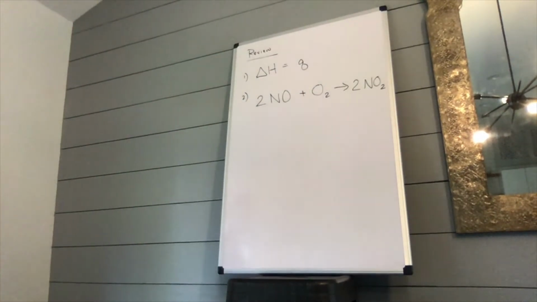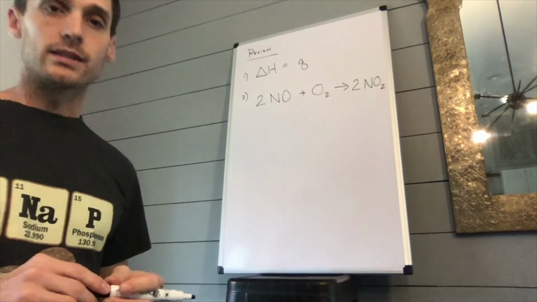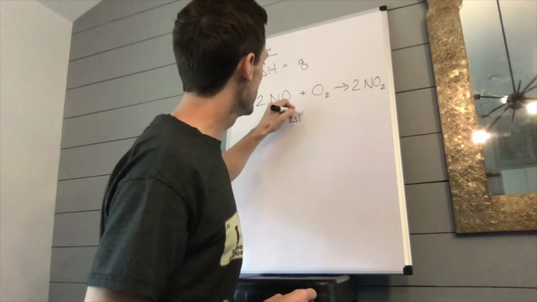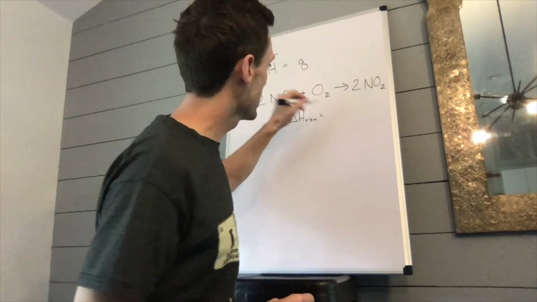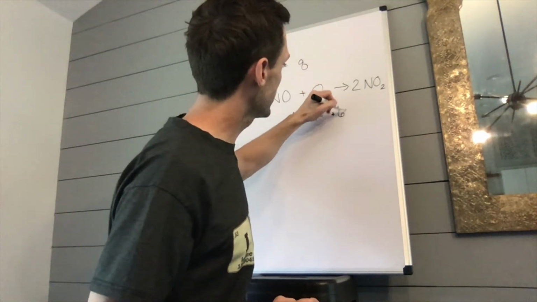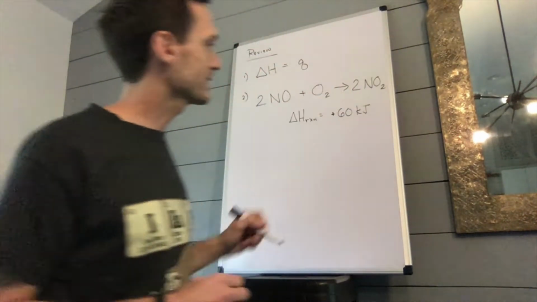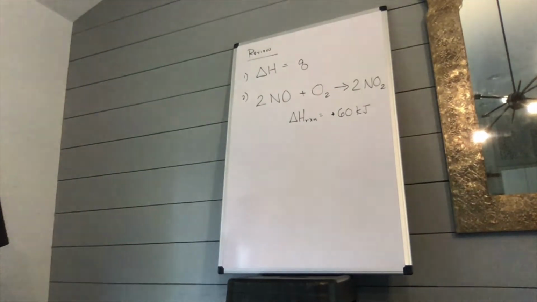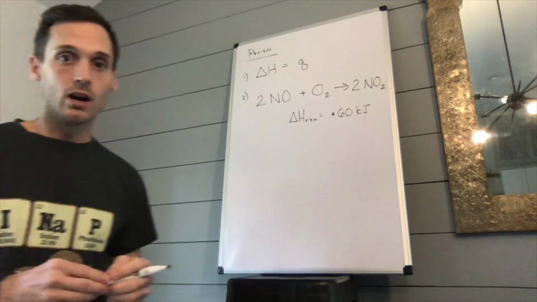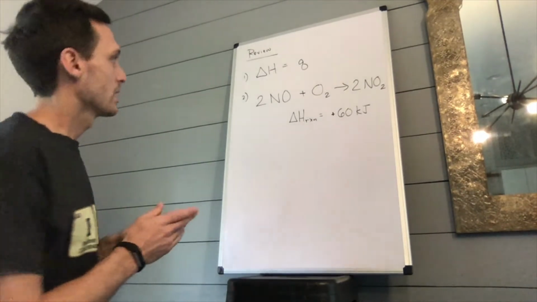Okay, if we just have that really simple synthesis reaction, and we know that the delta H for this reaction happens to be, we'll say, positive 60 kilojoules.